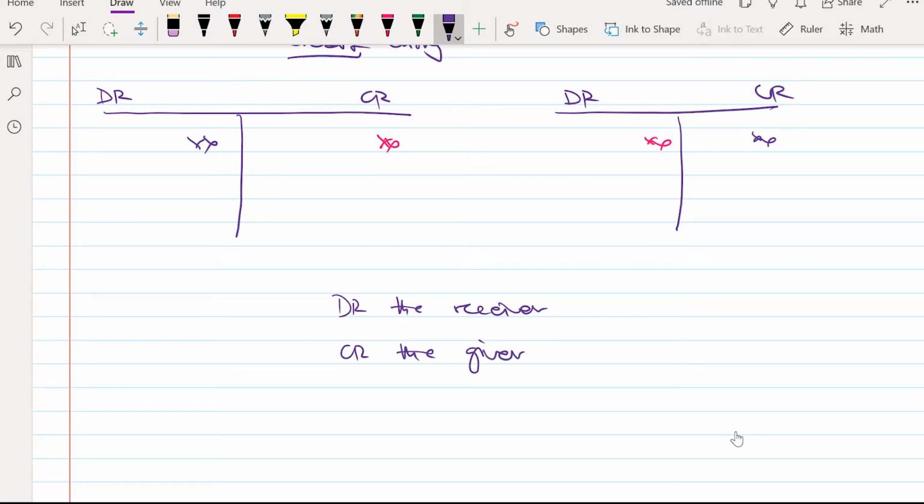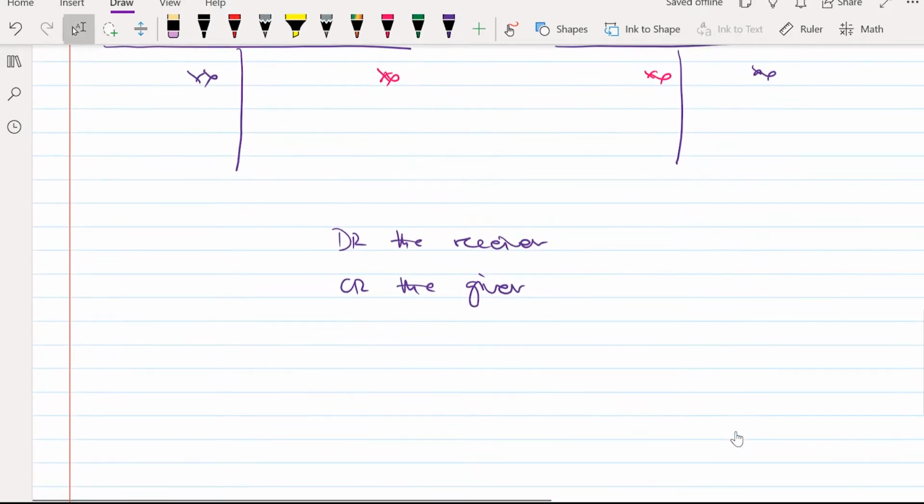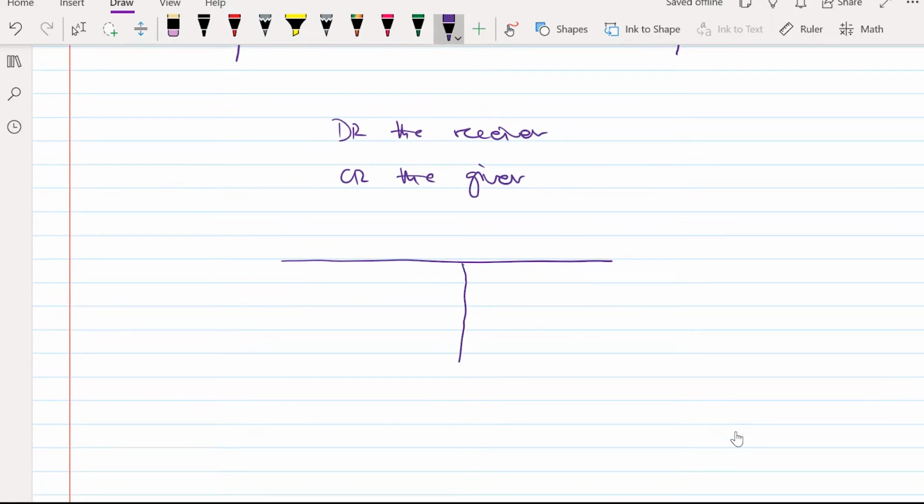That's what some people have said: debit the receiving account and credit the giving account. This is actually a principle on its own that could help you. Another one also, for me, what I usually let people understand is to try as much as possible to know the nature of each transaction.